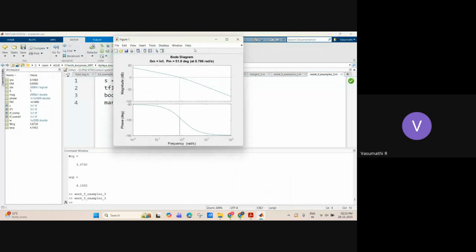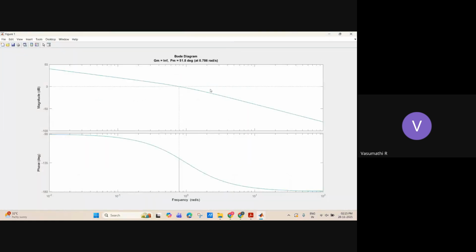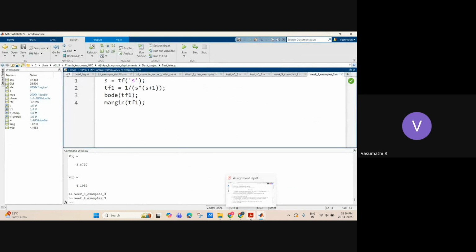Okay. So gain margin is infinity, phase margin is 51.8. If you do the same for the stability margin, you will get the same answer here. Phase margin is 51.8. That is the phase margin of the uncompensated system.